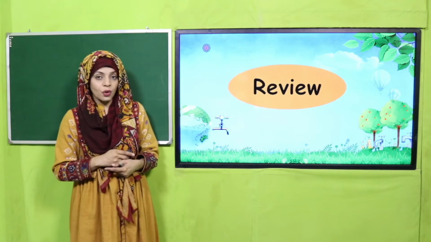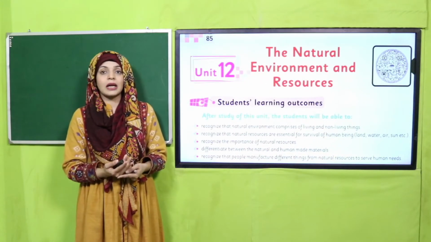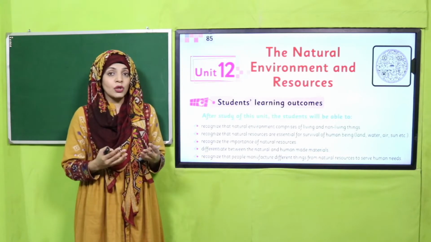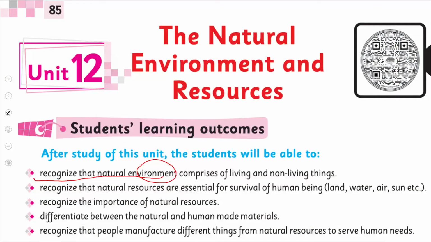towards your review. And for that, let's quickly review all the student learning outcomes that now you are able to recognize that natural environment comprises of living and non-living things. Recognize that natural resources are essential for survival of human beings.